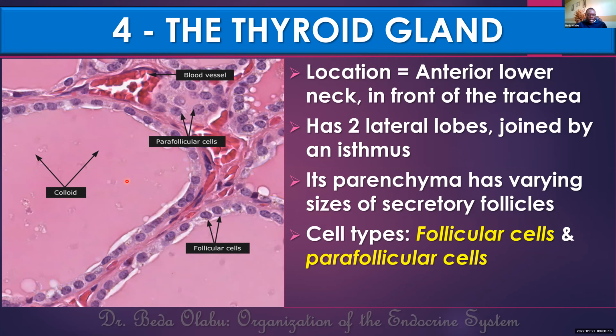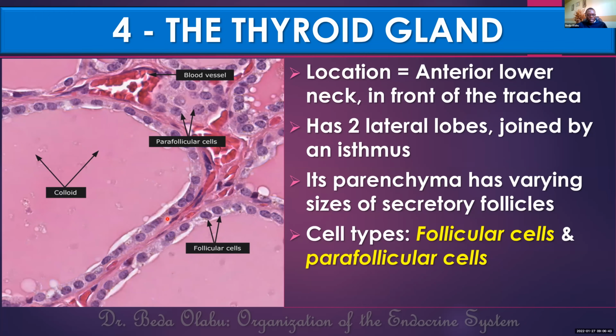The follicles are made up of two things. We have this central material, which we call the colloid, and a ring of follicular cells around. So the first cell type we're talking about are the follicular cells, these ones here, which surround the colloid.